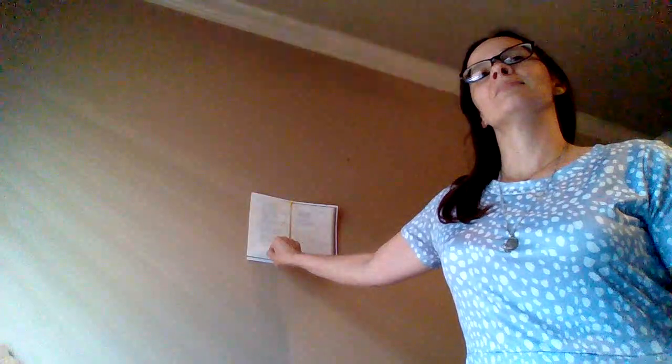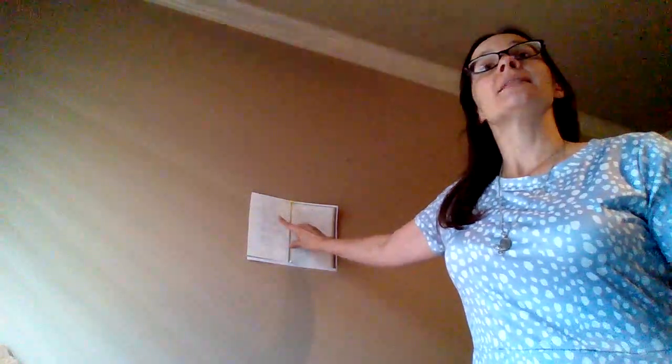So in poems, we don't have paragraphs. Who can tell us what groups of lines are called in poems? John, what are these groups of lines called? Stanzas. Very good. So a stanza is a group of lines in a poem.